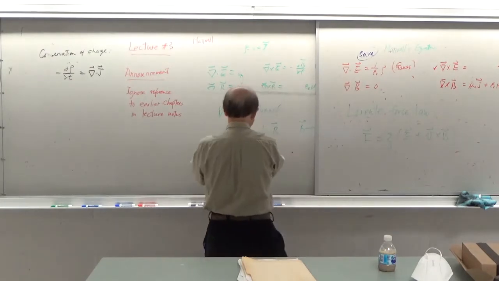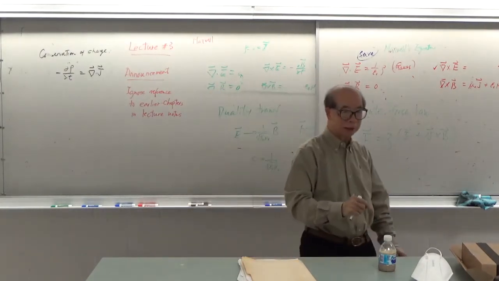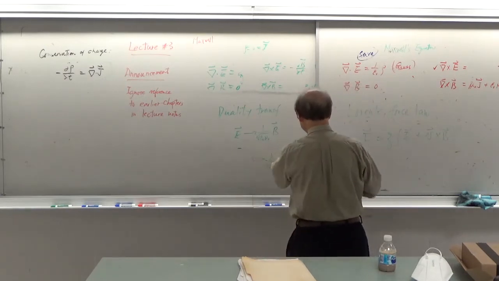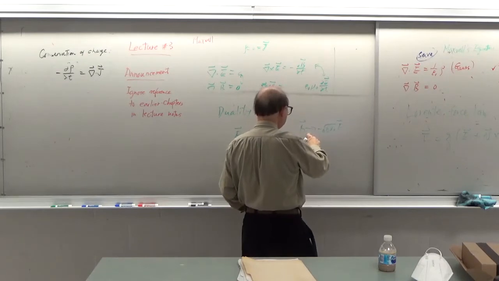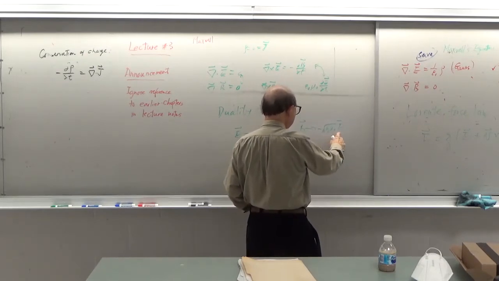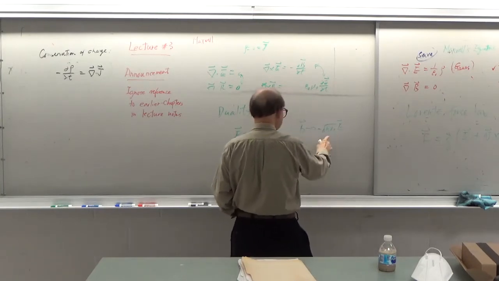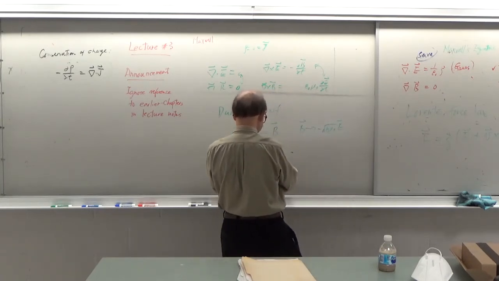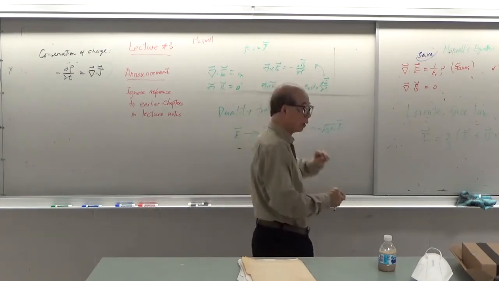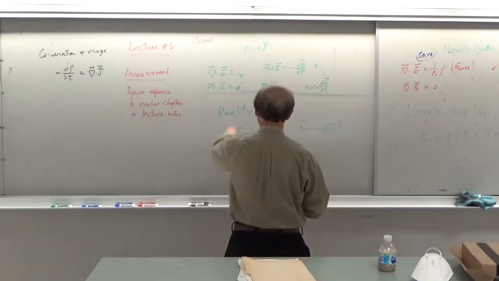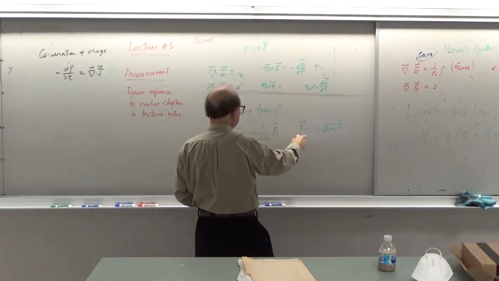So E goes into B times something having a dimension of speed, which is C. And inversely, B goes into, aside from the minus sign, E divided by C. So the four equations are invariant, meaning that this equation goes into that equation, and vice versa, under this transformation.